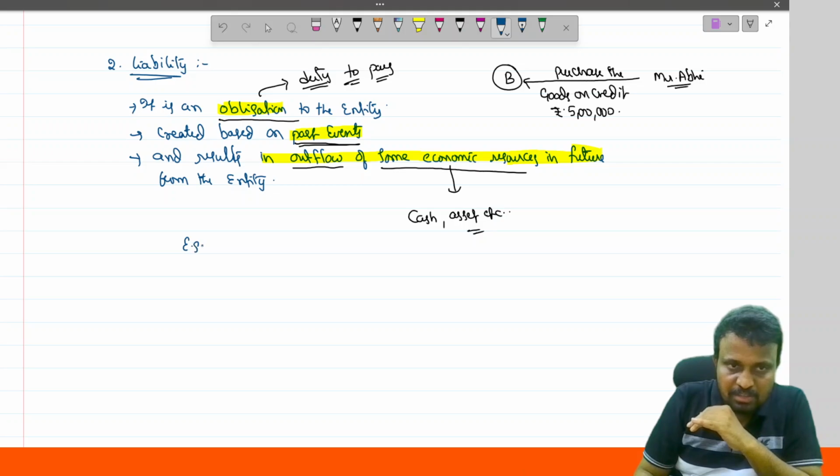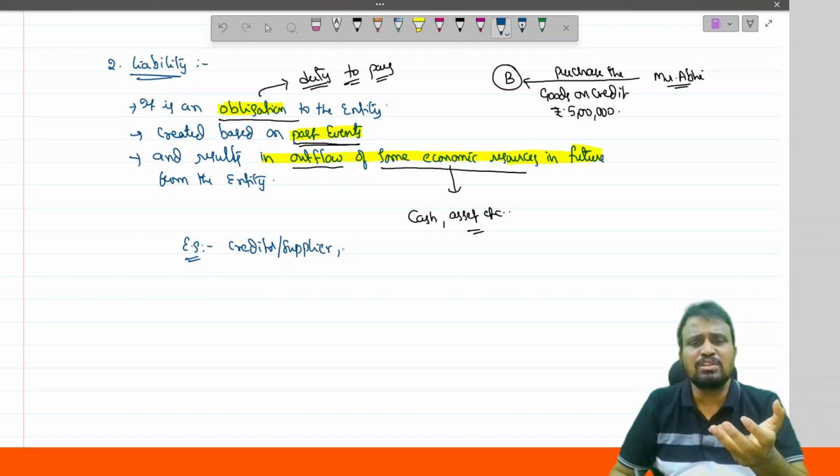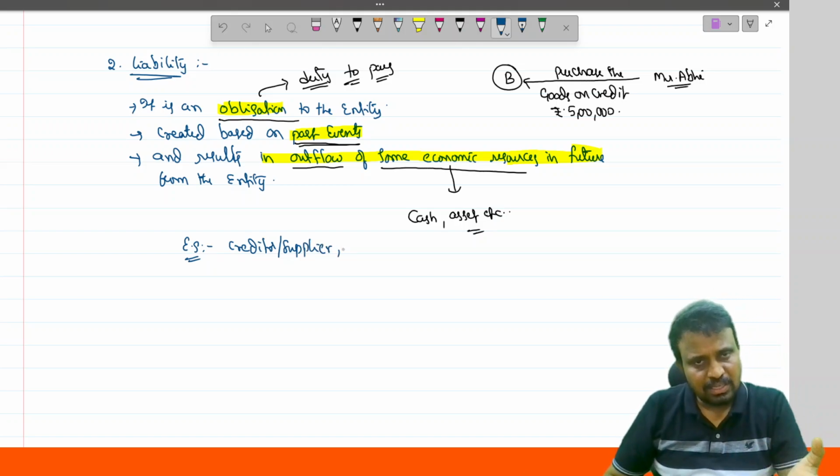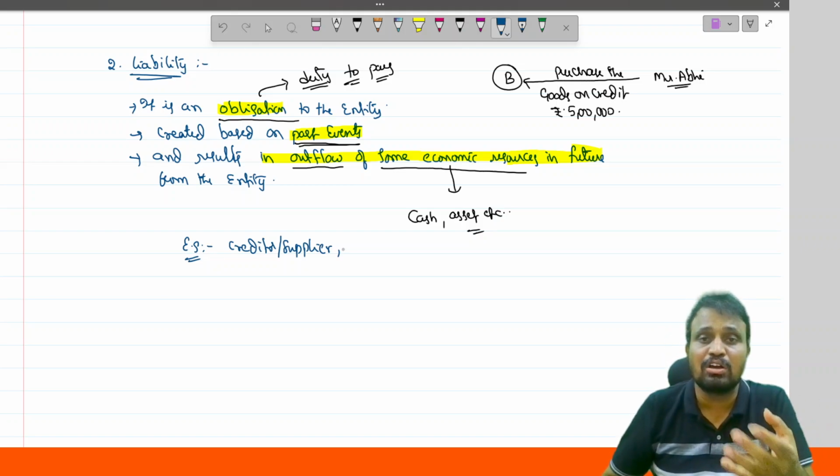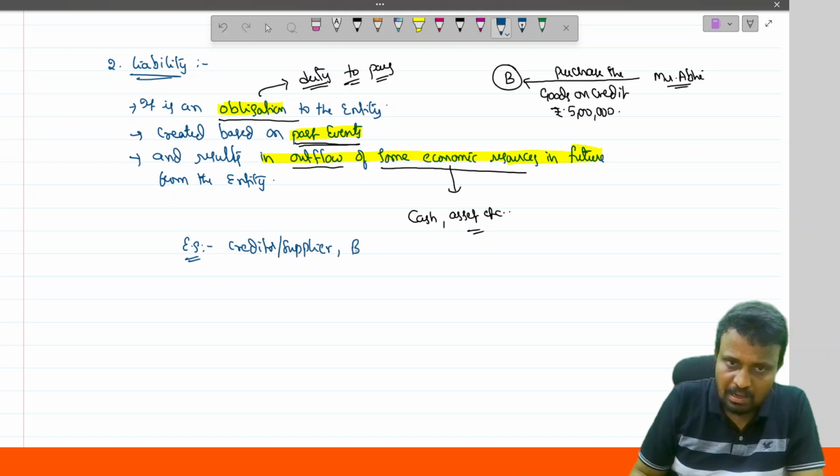The best example is a creditor. Creditor stands for supplier. When we purchase goods on credit basis, the person's name we use in our books of account is a creditor or supplier. Another one is bank loan.